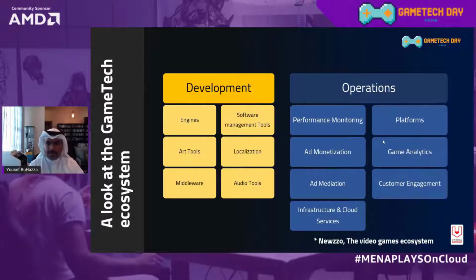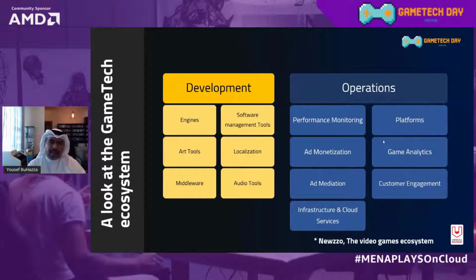Then you've got ad monetization, which is basically a staple at this point for a lot of games. So you've got AdSense, the list is quite big, but the simple part of it is there are tools, softwares that help with your monetization of ads in these games.